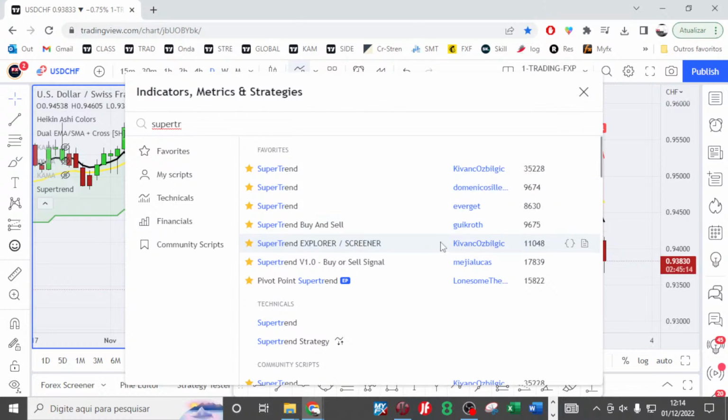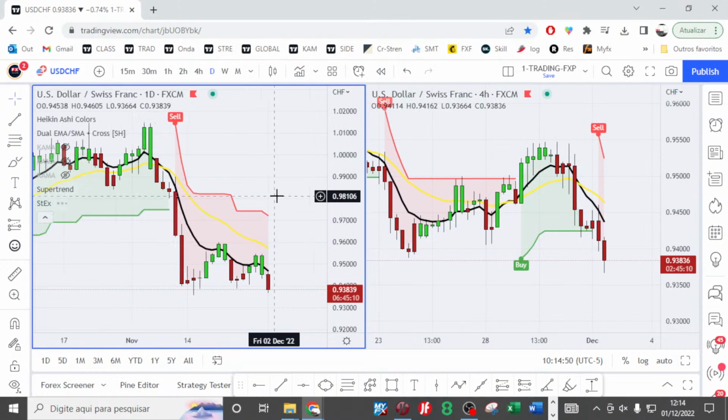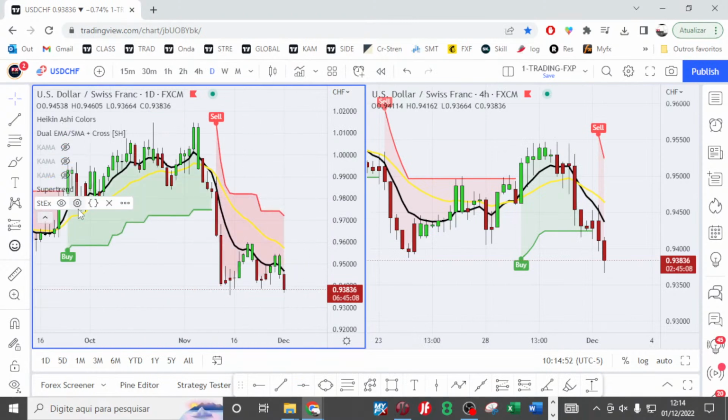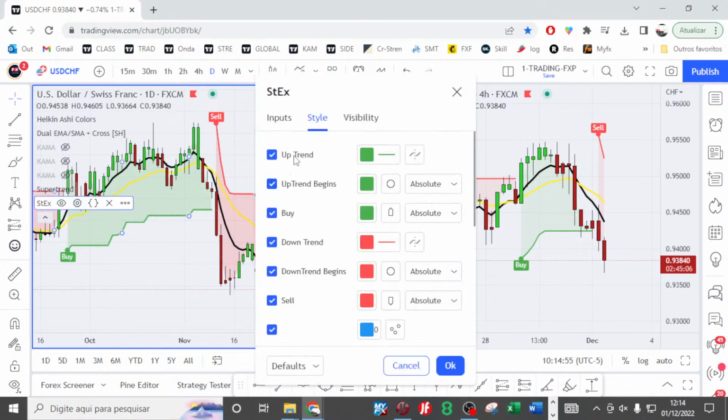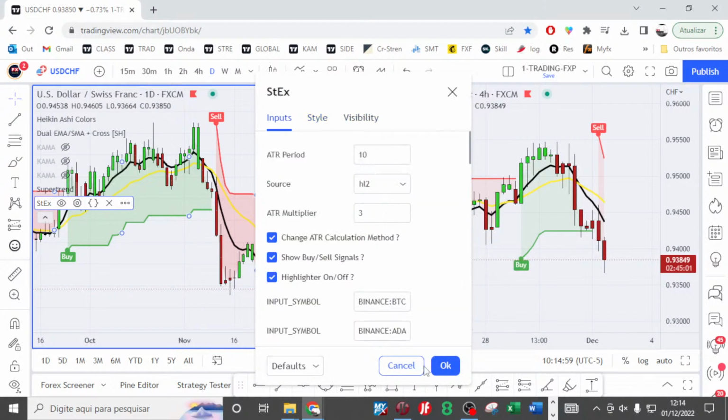Super Trend Explorer, wow. I'm not sure what this one is. Let me see. Super Trend Explorer, visibility, style, input. Input symbol.